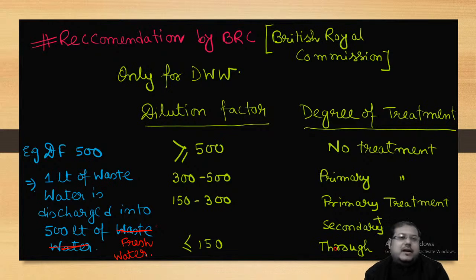So if 200 liter of wastewater is discharged into 500 liter of fresh water, it will be nothing but dilution factor will be 250. Clear?